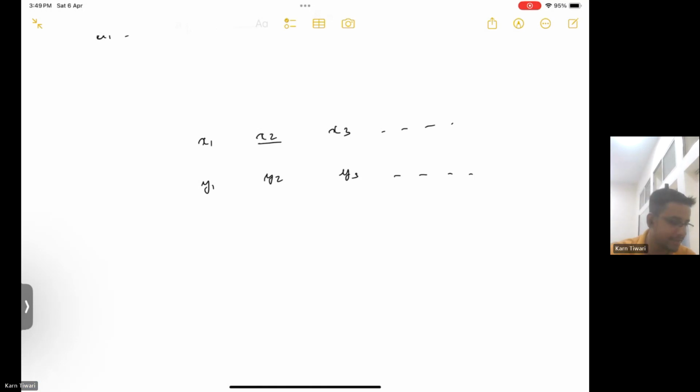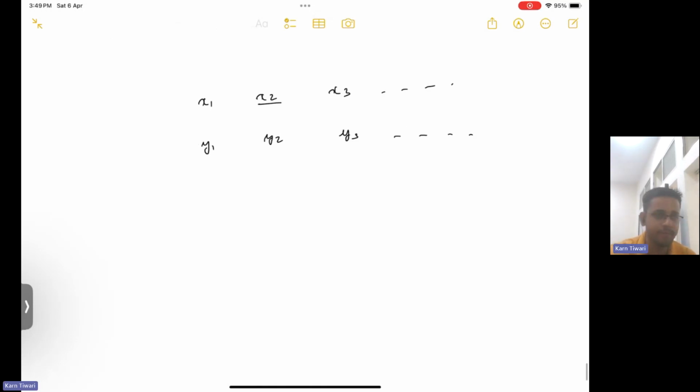So this kind of data sets has a lot of problems. First, we want to construct a model which takes x1 and tries to predict y1 as an output. Take x1 and x2 and try to predict y2. Take x1, x2, x3 and try to predict y3. But you see, all this is represented as a function.